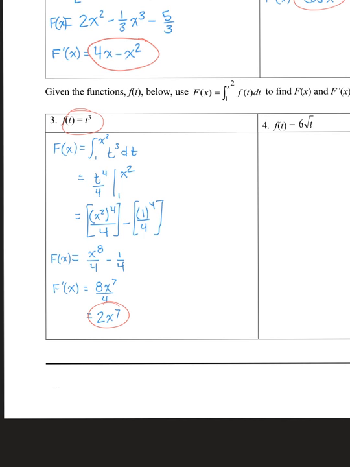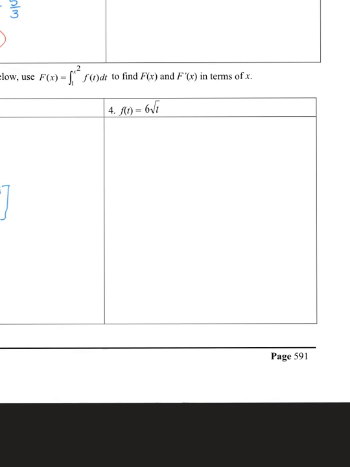But you're going to see how they connect here shortly. So let's do this again. Now f of t is 6 square root of t. So to get capital F of x, it's the integral from 1 to x squared of 6 square root of t dt. Okay, and if you remember your properties of integrals, whenever you have a constant, you can just kick it out.